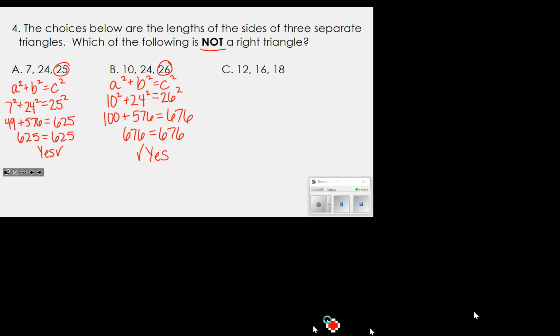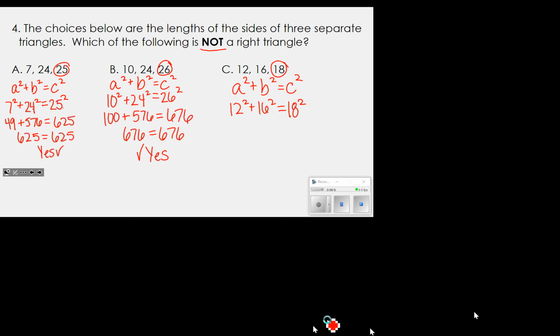So we're hoping it's the last one, but we're going to do the work just to prove that we did it correctly for the first two and didn't make any mistakes. So, same way, A squared plus B squared equals C squared. Identifying C first. So 18 squared, and I have 12 squared plus 16 squared, and let's see.